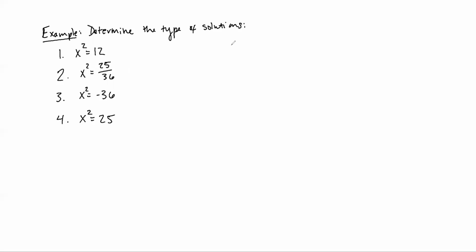And our 4 options over here, we're going to have A, 2 integer solutions. B is 2 rational solutions that are not integer.